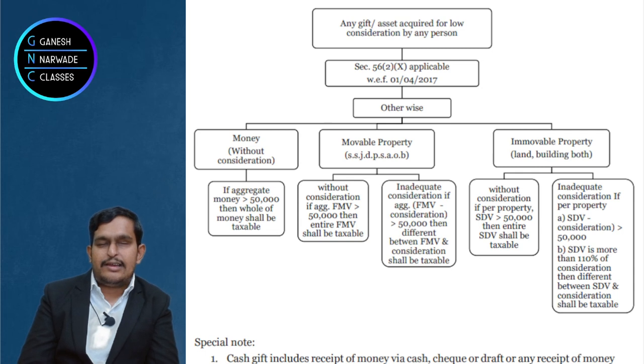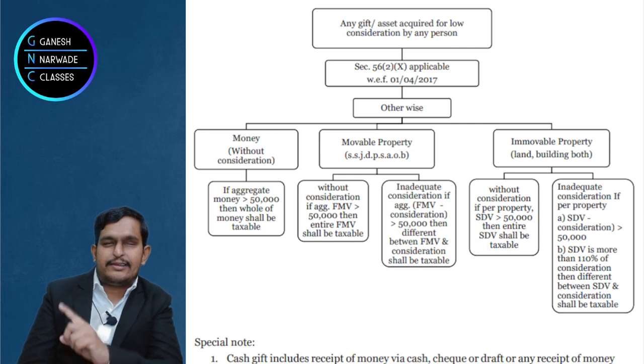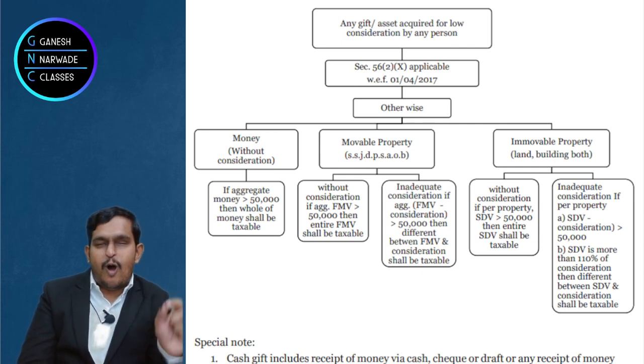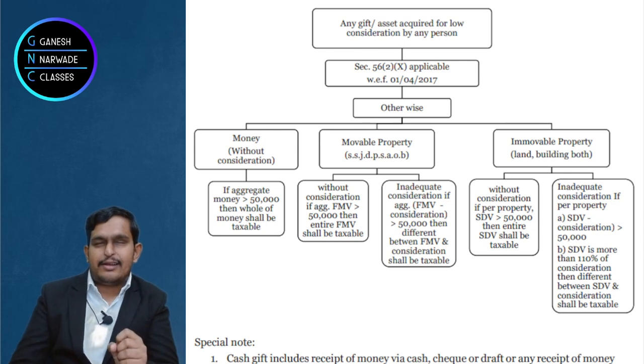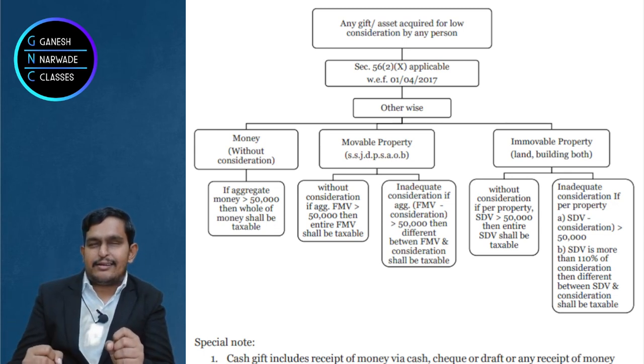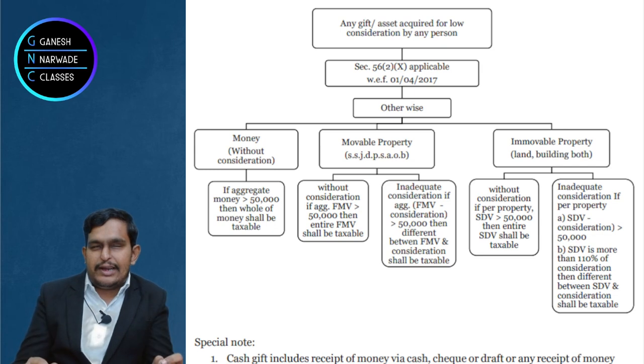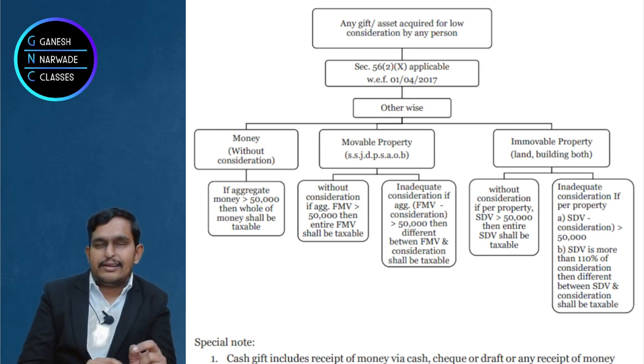Okay. And now we should check how many cases of inadequate consideration there are. In all such cases we will find the differences, right? Fair market value minus consideration, fair market value minus consideration, fair market value minus consideration. Now the difference will come, right? All that will be aggregated. If it is more than 50,000, then that entire difference amount is taxable. Less than 50,000, nothing taxable.